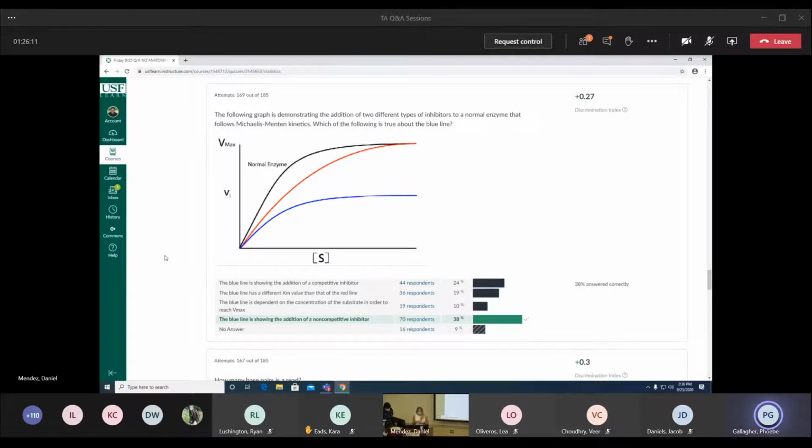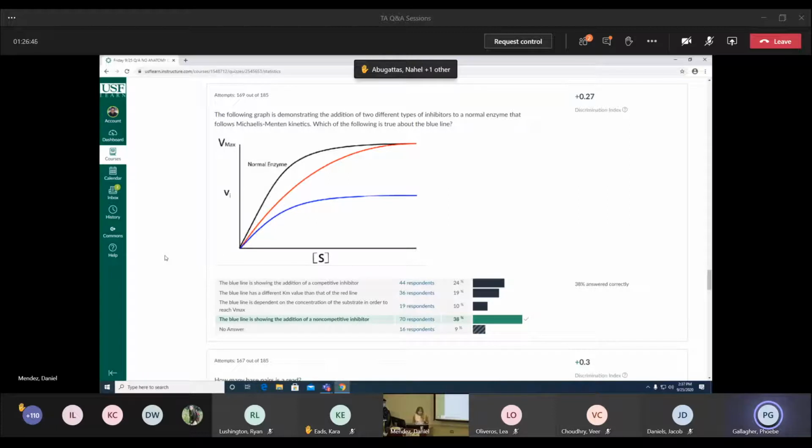The second option, the blue line has a different Km value than that of the red line, is incorrect as well because remember, for non-competitive inhibitors, you will be unable to reach Vmax, but you still have the same Km as that of the uninhibited enzyme. Whereas for the red line, which is showing a competitive inhibitor, you're going to have the same Vmax, but you're going to have a different Km. So between the blue and the red line, they're not going to have the same Km value.